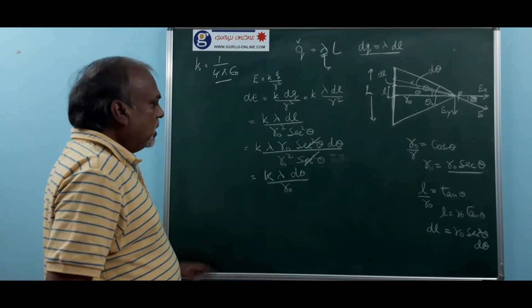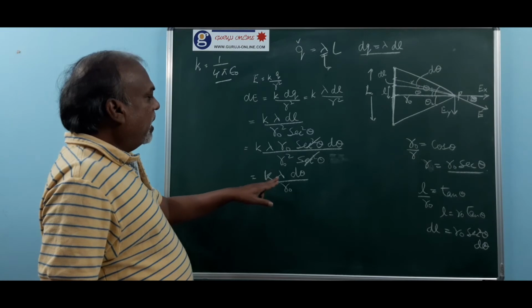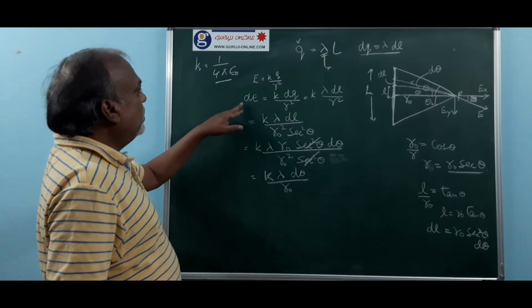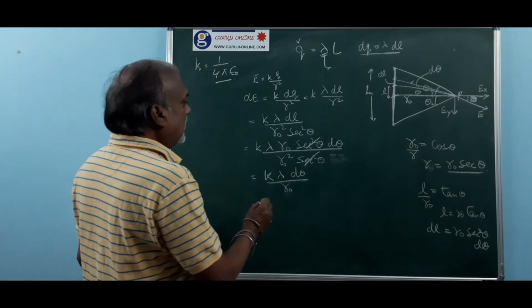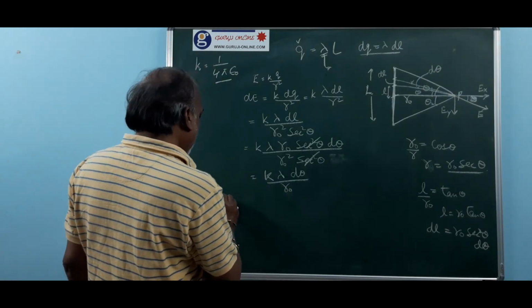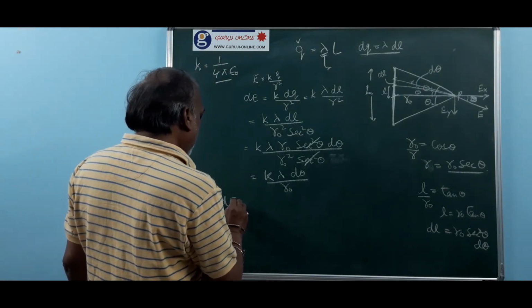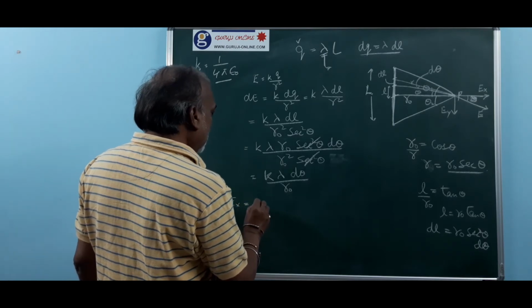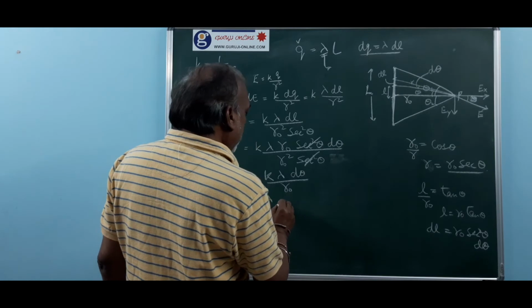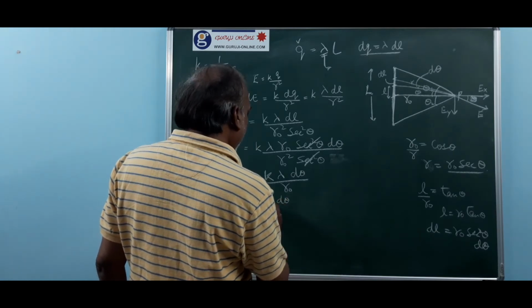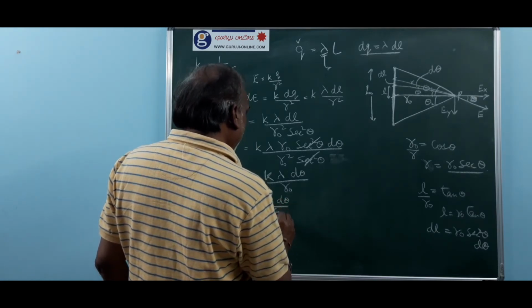So this is your K lambda d theta upon R0, this is your dE. Now what is dE? dEx is nothing but K lambda d theta upon R0.